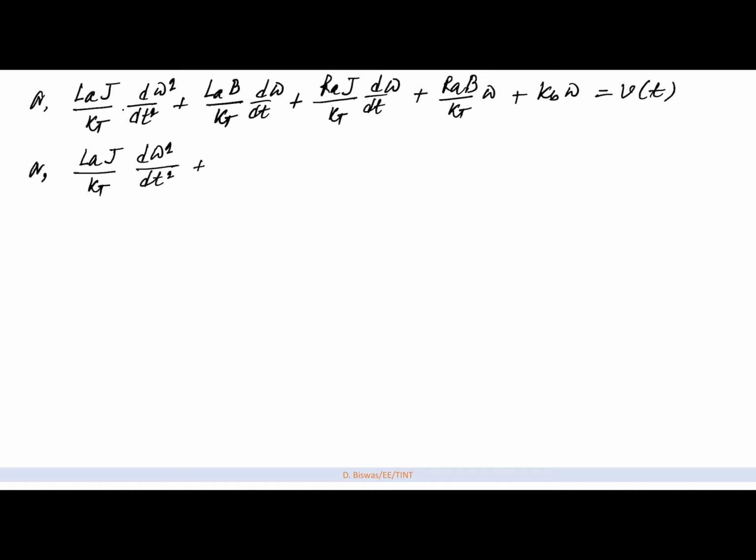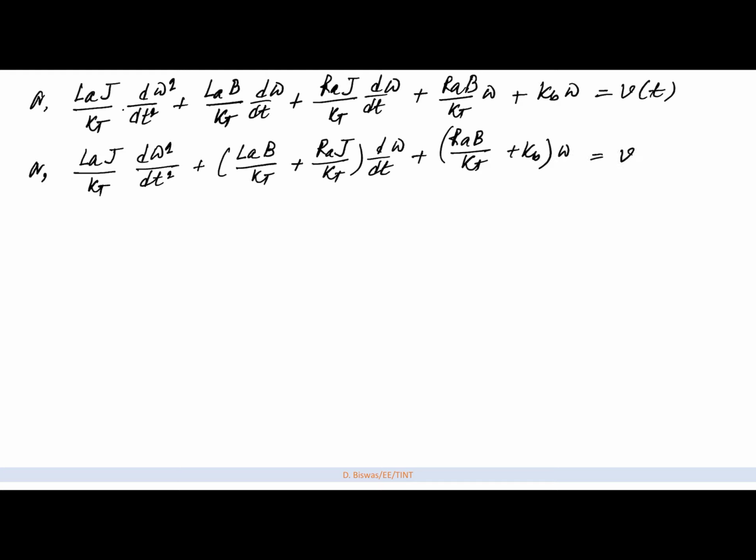Coefficient of first derivative of omega is La times b by kt plus Ra times j by kt, and the coefficient of omega is Ra times b by kt plus kb. Again that is equal to Vt.